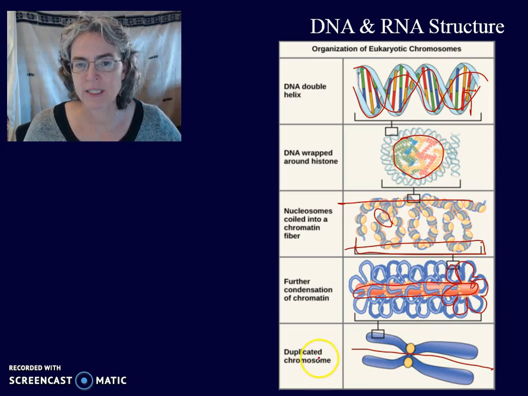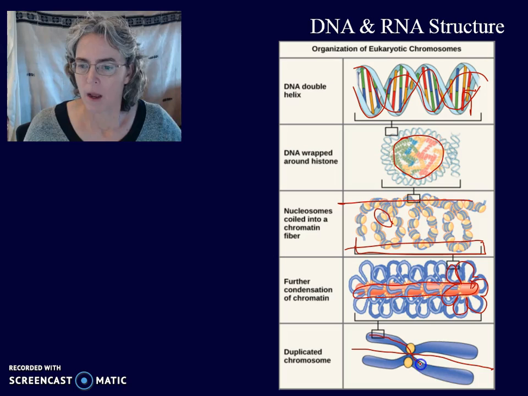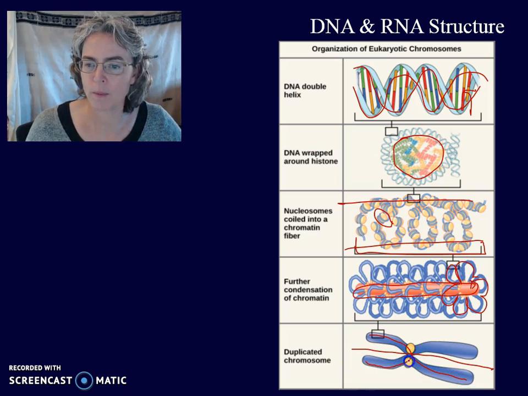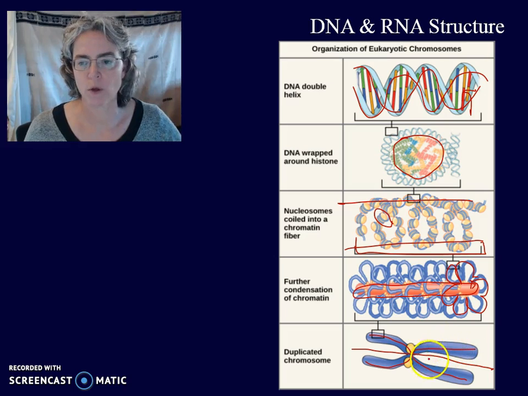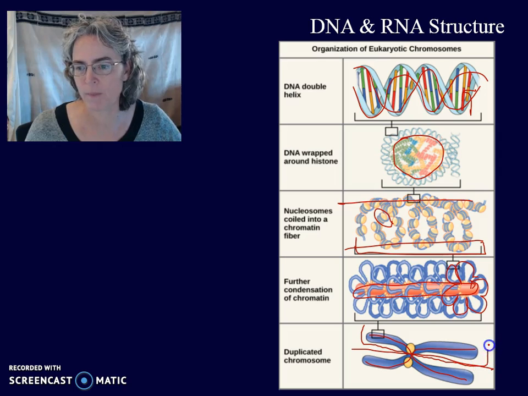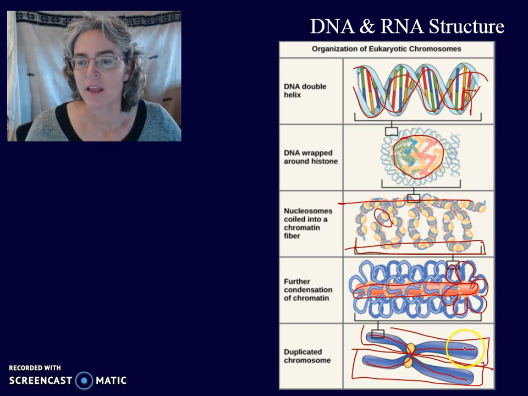So what you're seeing right here is a form that we normally draw our chromosomes in, this X shape. And what this is, there are 2 chromosomes here, and it's a duplicated chromosome. So this is one chromosome right here, and this is another chromosome, and they're exactly alike. So this chromosome has been duplicated to this one right here. So there's actually 2 chromosomes right here.